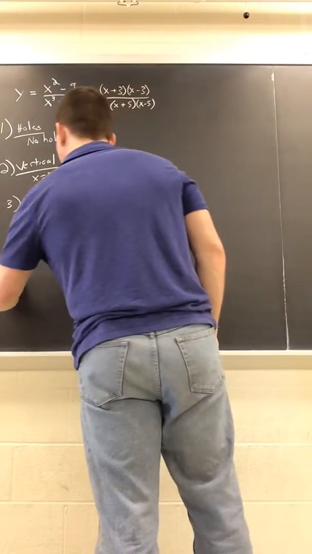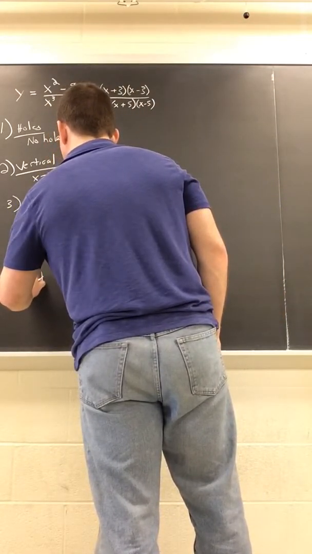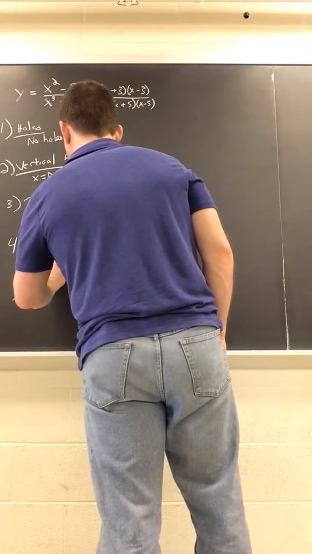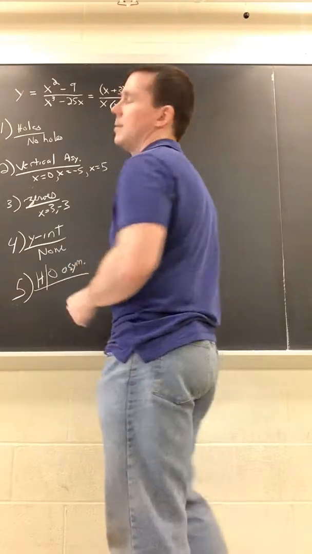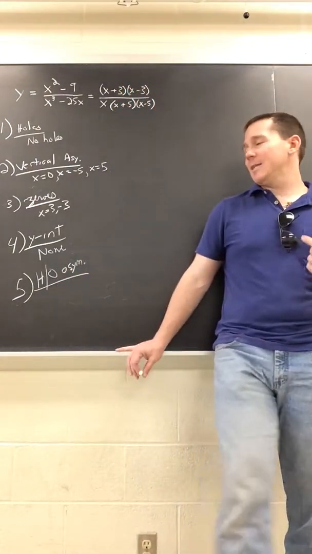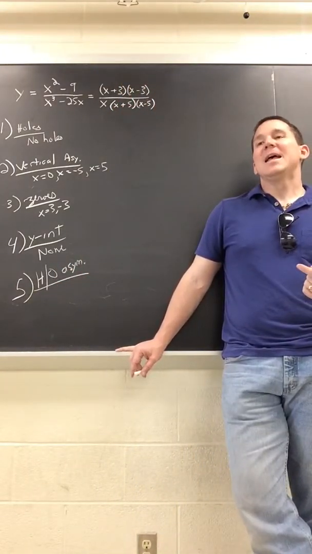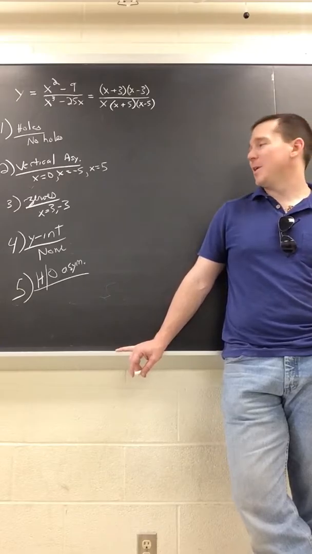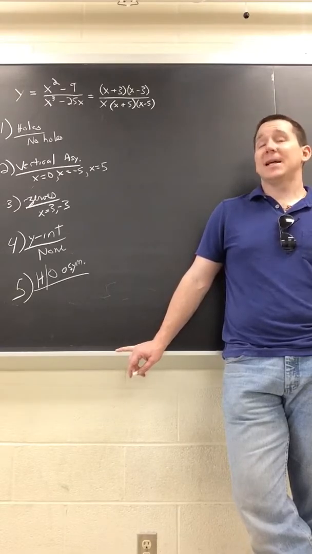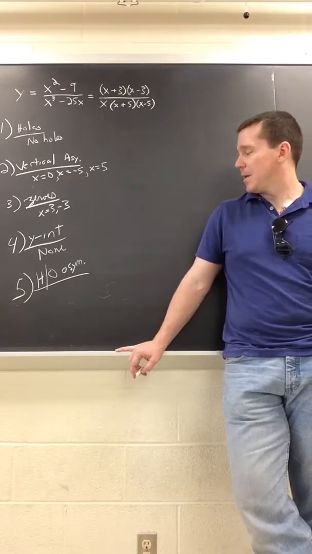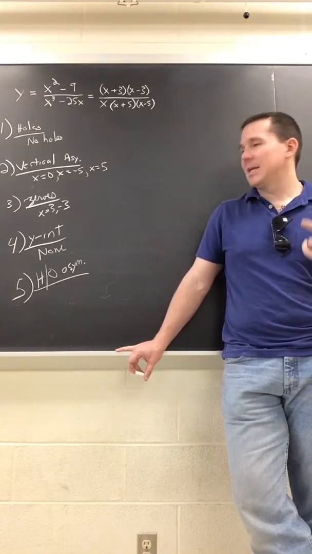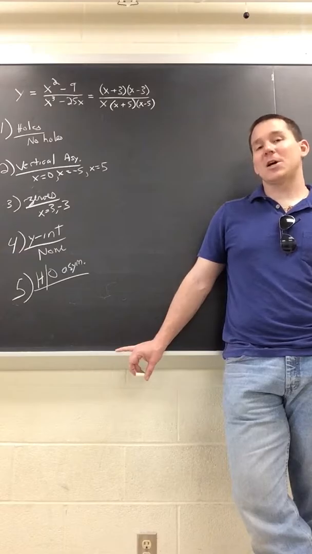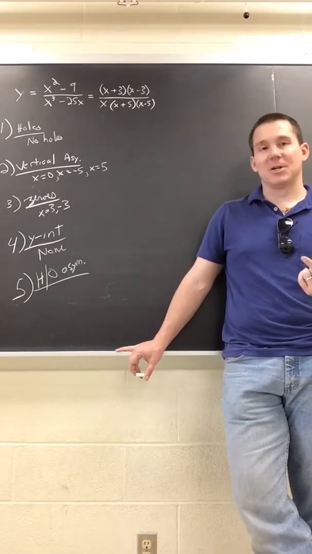And then the last thing we care about is horizontal or oblique asymptotes. Essentially, the horizontal or oblique asymptote is like the end behavior of a polynomial. It's what your function does when x gets really big or really small. One thing that often confuses students: you do not have to look for both.